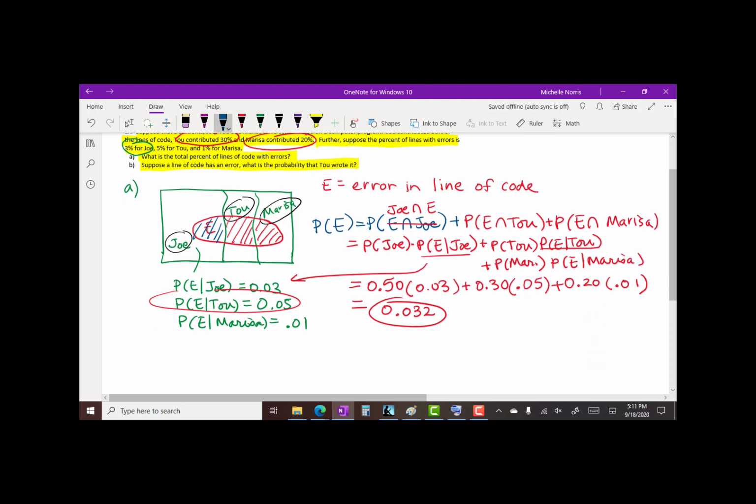For part B, we want to know if we pick a line of code and we know it has an error, what's the probability 2 wrote it? So the probability 2 wrote it given that this line of code has an error. I should probably have said it was randomly selected.